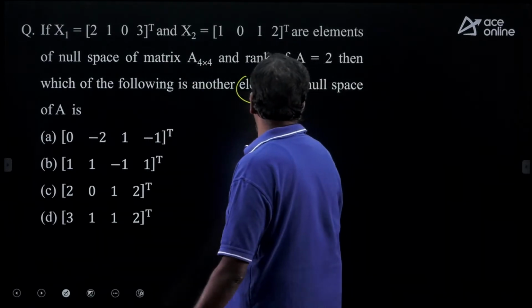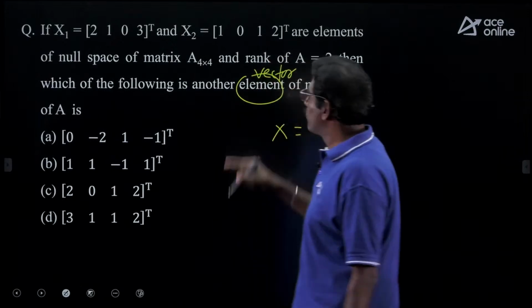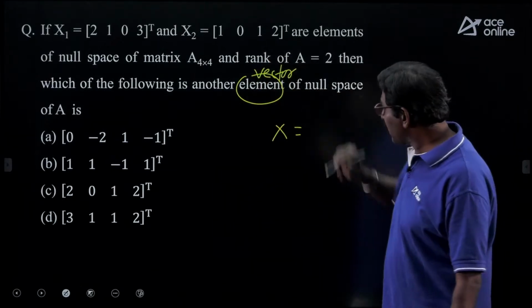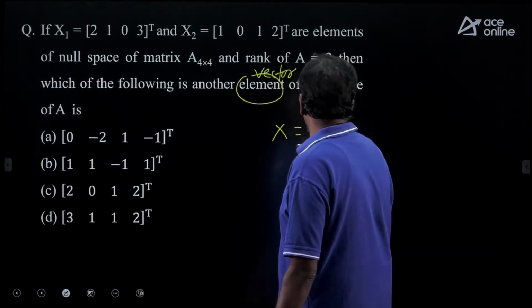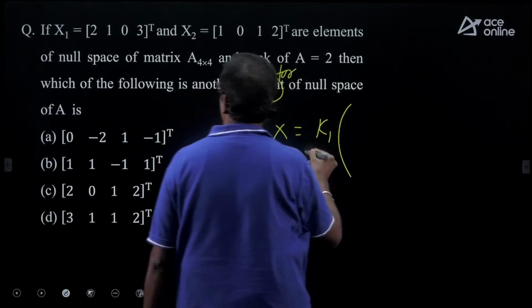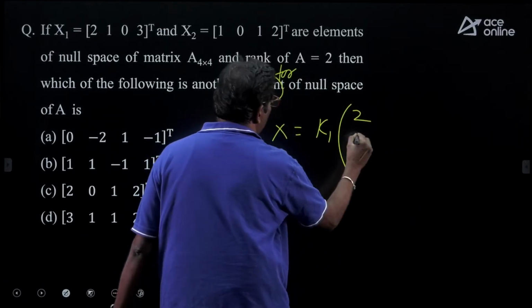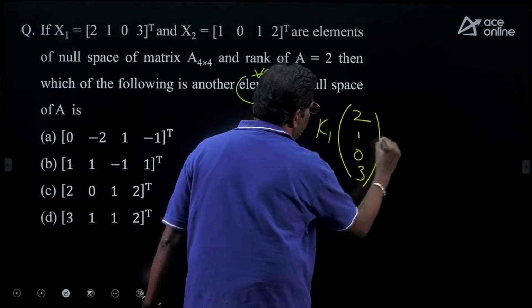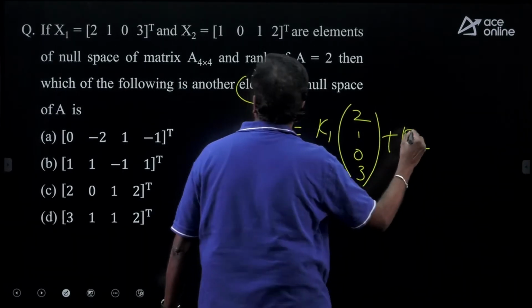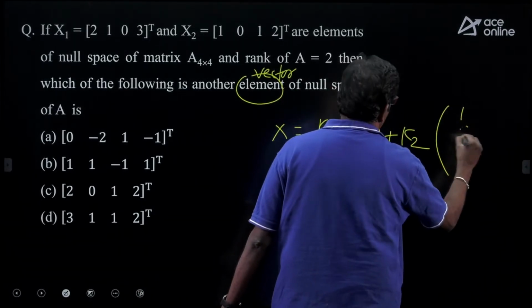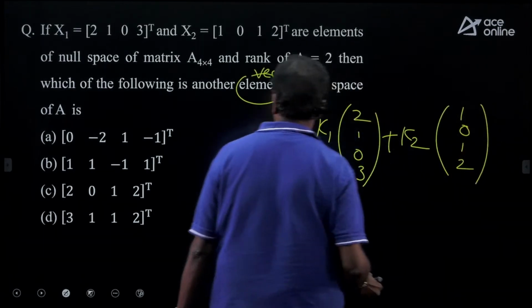Means suppose if x is a vector in null space, you can write it as k1 into first vector, 2, 1, 0, 3 plus k2 into second vector, 1, 0, 1, 2. Very clear.